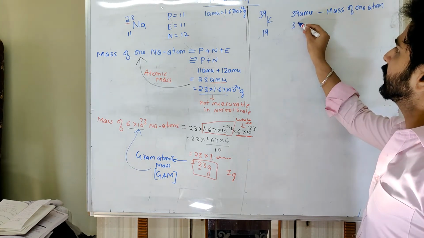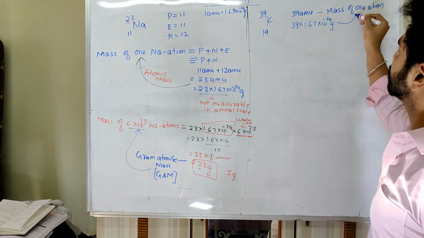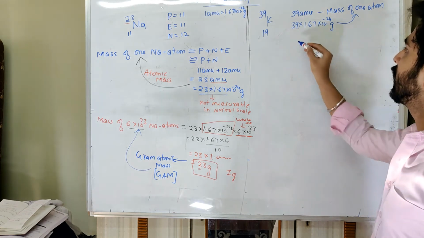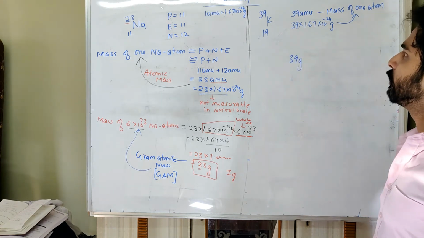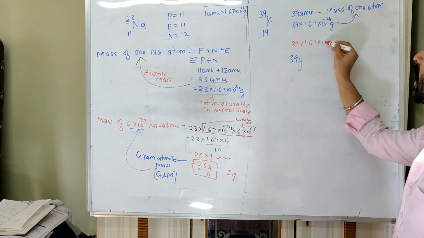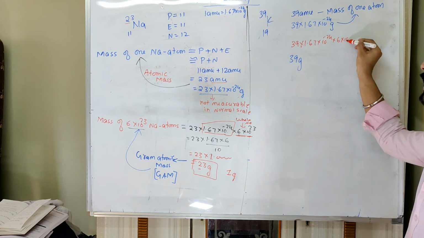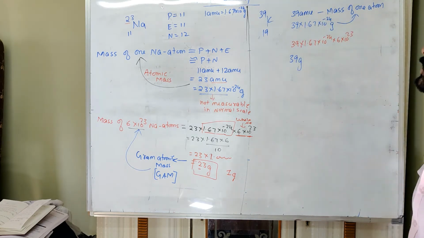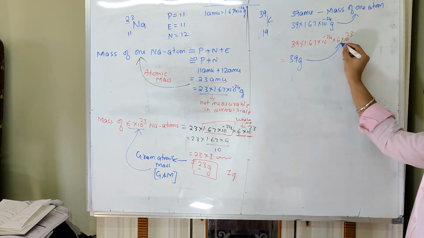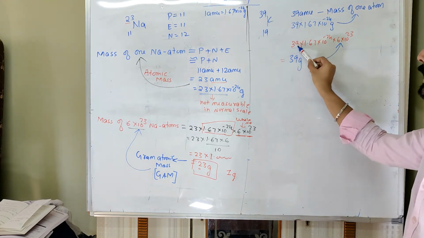Let me take one more example here. If I go for potassium, that is atomic number 19 and mass number 39. If I say 39 AMU, that is the mass of 1 atom. If I consider 39 into 1.67 into 10 raised to minus 24, again that is the mass of 1 atom, but expressed in gram just by using the conversion factor.